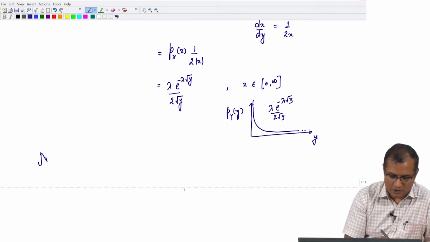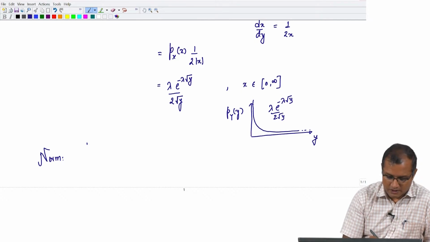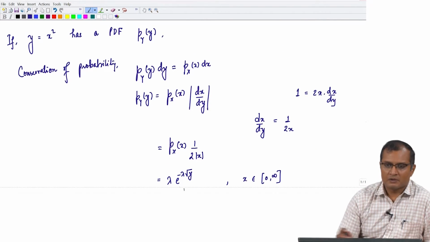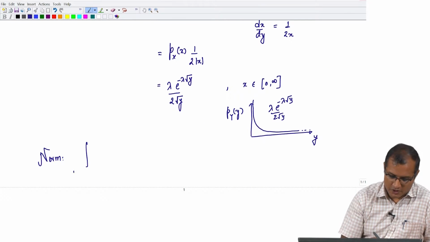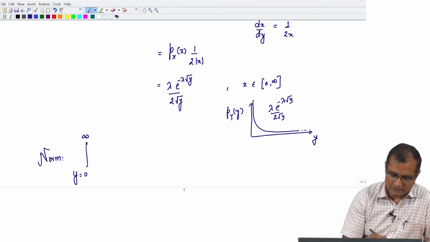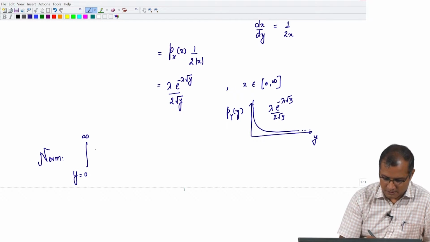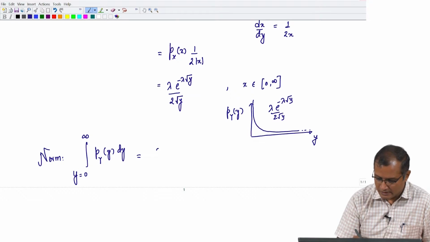So, if you find out the norm, which is the conservation of total probability, since y is x square, you do not have negative values of y. So, the domain will be from 0 to infinity. Let us see that our PDF just obtained is well behaved or not. I am going to integrate this, and factor lambda can come out.